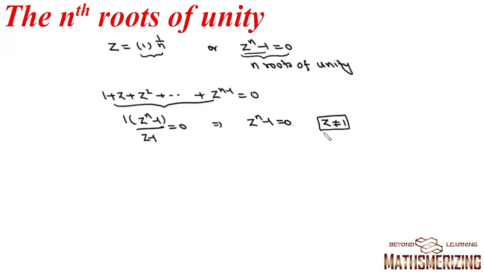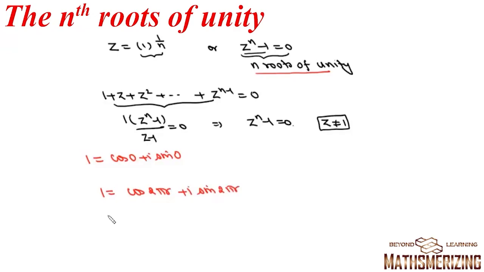Now first we'll find these n roots of unity. We know that we can express 1 as cos 0 plus iota sin 0, but then this equation will have n roots. So rather than taking this as 0, we'll write this as cos 2 pi r plus iota sin 2 pi r.